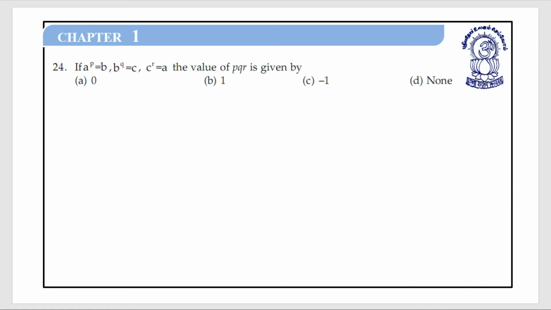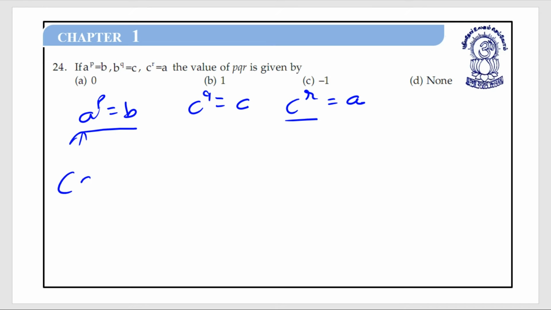Now next question, if a raised to p is equal to b, b raised to q is equal to c, c raised to r is equal to a, then the value of pqr is given by. So here a raised to p is equal to b, b raised to q is equal to c, c raised to r is equal to a is given. So in the formula, a raised to p is equal to b, put the value. The value of a is c raised to r, put into this, c raised to r raised to p is equal to b.